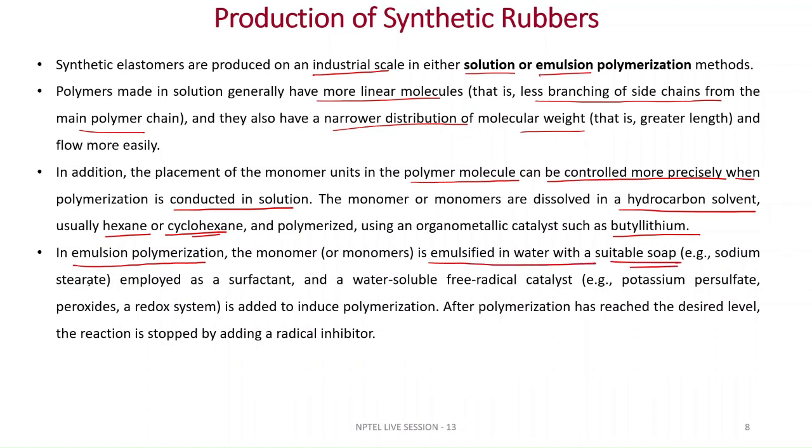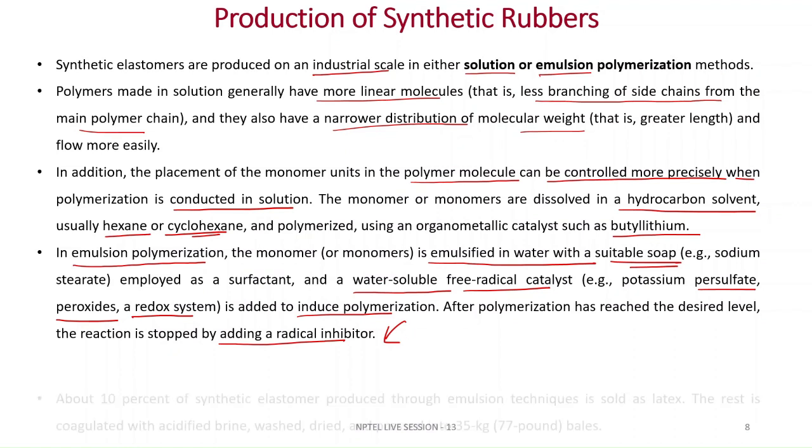That soap can be sodium citrate, which is employed as a surfactant, and a water-soluble free radical catalyst, such as potassium persulfate, peroxide, and a redox system, is then added to induce the polymerization. After the emulsion polymerization, the reaction is stopped by adding a radical inhibitor. It is added to stop the polymerization reaction.